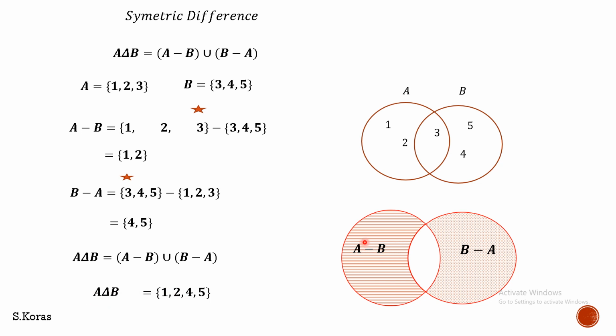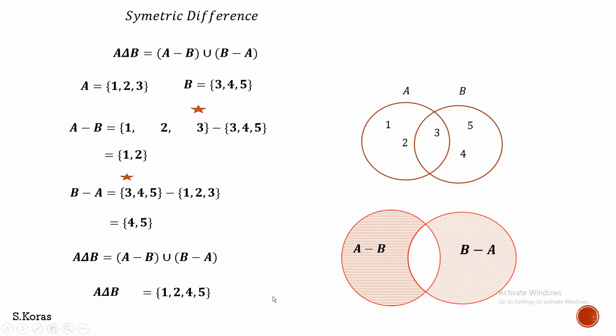As I told you, if you try to find A difference B, the meaning is only A. If you try to find B difference A, the meaning is only B. So A delta B is nothing but the combination of only A and only B. So we are leaving out only the elements which are common to A and B. This is what A delta B is.